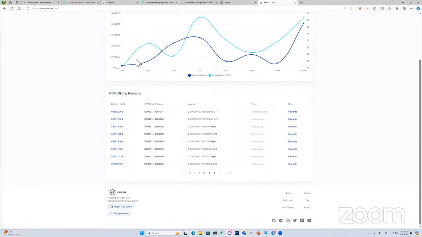Someone asked, is MTR like a stable coin? I think you can call it a stable coin, but it's not really pegged to the US dollar. Because most people, when we talk about stable coin, they're just thinking about being pegged to the dollar. But MTR is more like an independent currency of economic equilibrium.